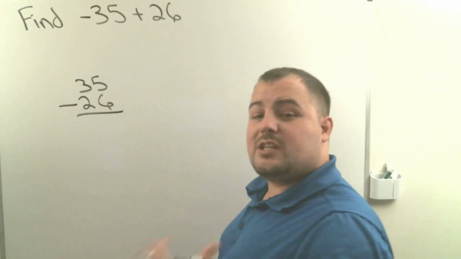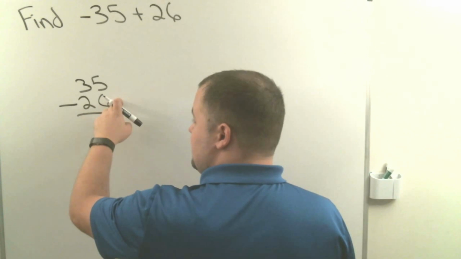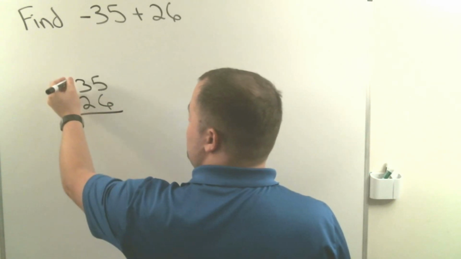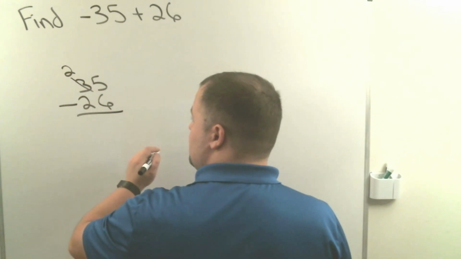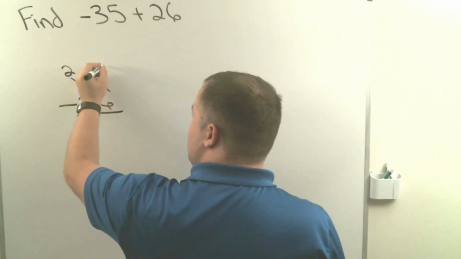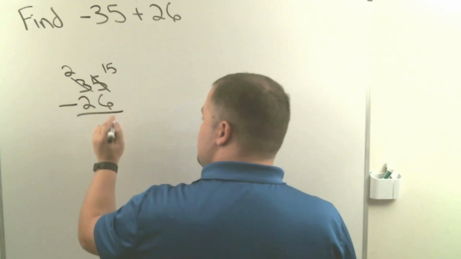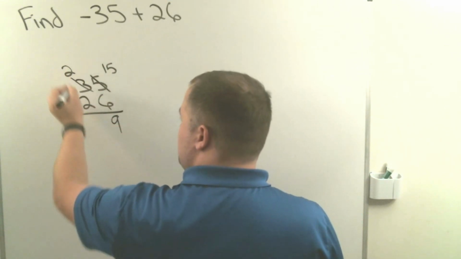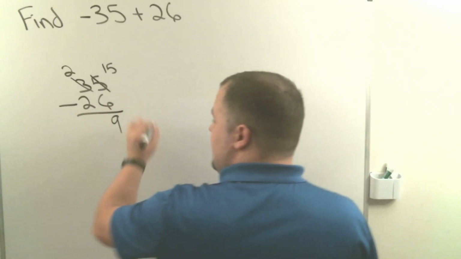We need to remember to keep the sign of the one that's bigger. If I took 5 and I tried to take 6 away, I don't have enough. So I'm going to borrow a 10 from the 3, and I'm going to change the 3 to a 2. That 10 is going to go back to the 5, and now it's going to be 15. 15 minus 6 is 9. 2 minus 2 is 0, so I don't have to write anything down. So my answer is 9.